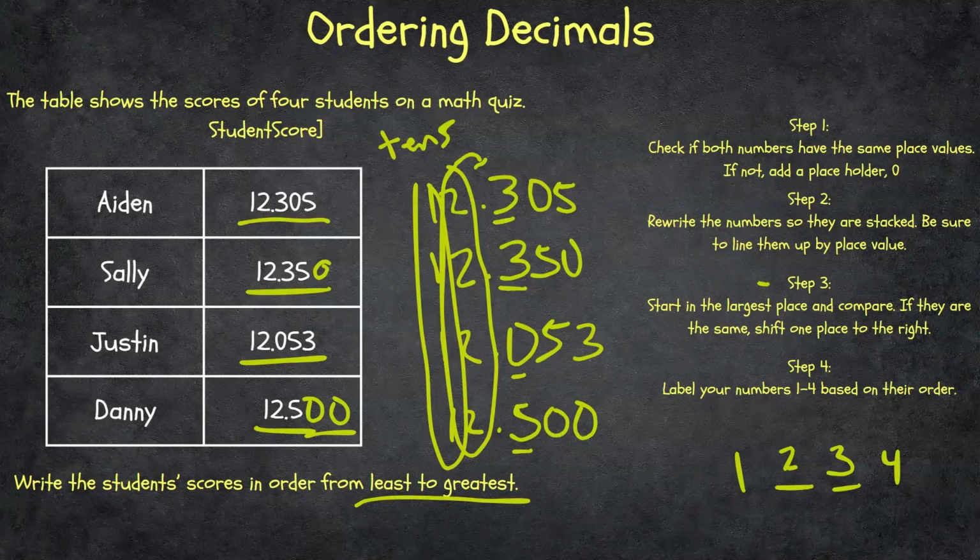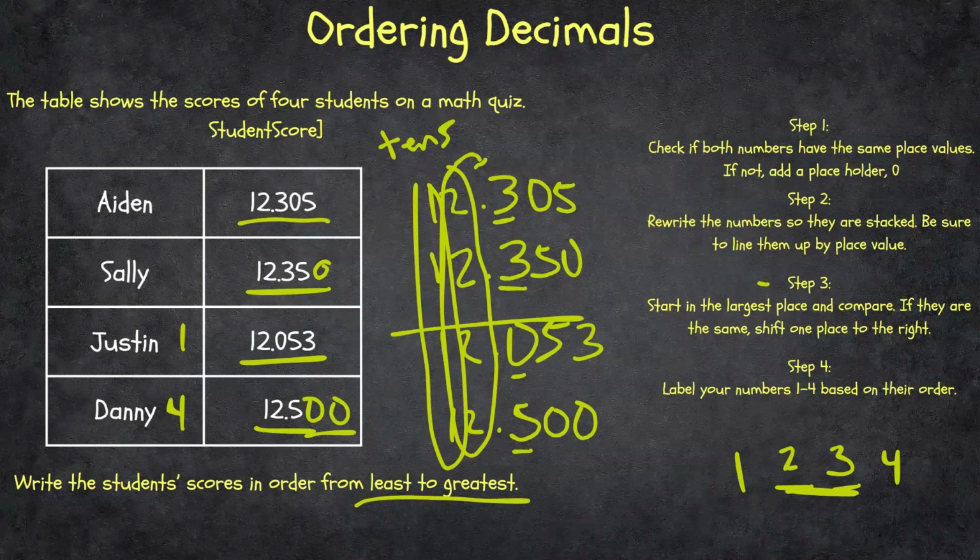Well, the 0 is the smallest number. That means Justin is going to be first in my order. He has the smallest grade. The 5 is the largest. So that means Danny's score is going to be last in my order. So I'm going to put a 4 there. Now I just got to figure out, well, which ones are 2 and 3?